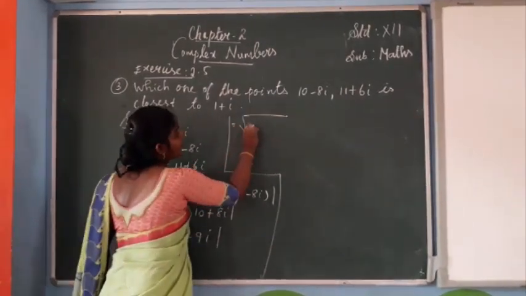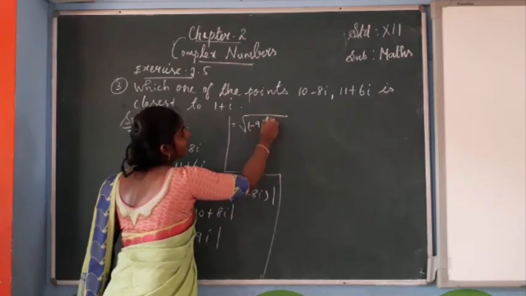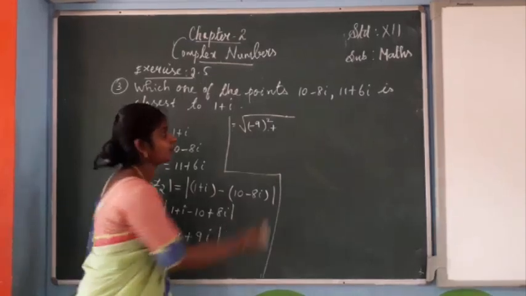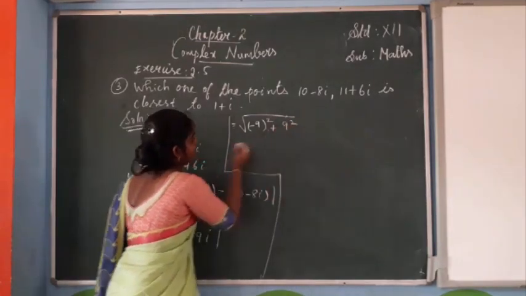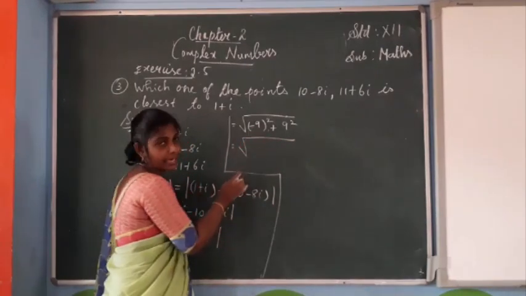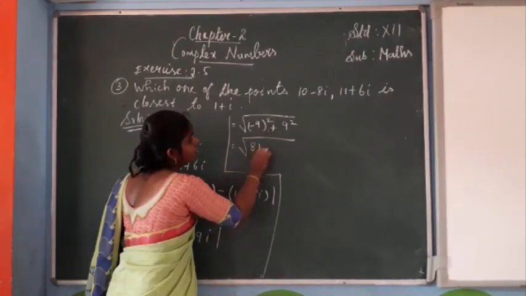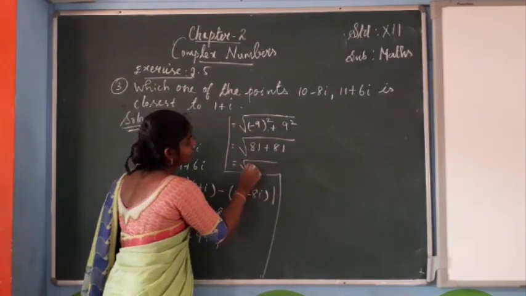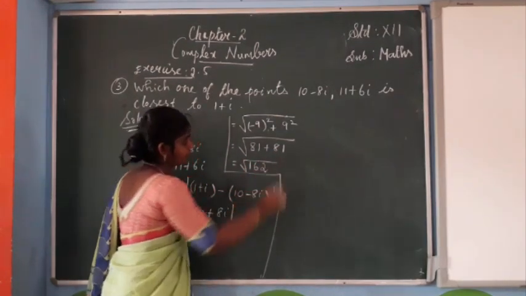So root of minus 9 the whole square plus 9 square, since the y value is 9. That's equal to root of 81 plus 81, which equals root of 162.